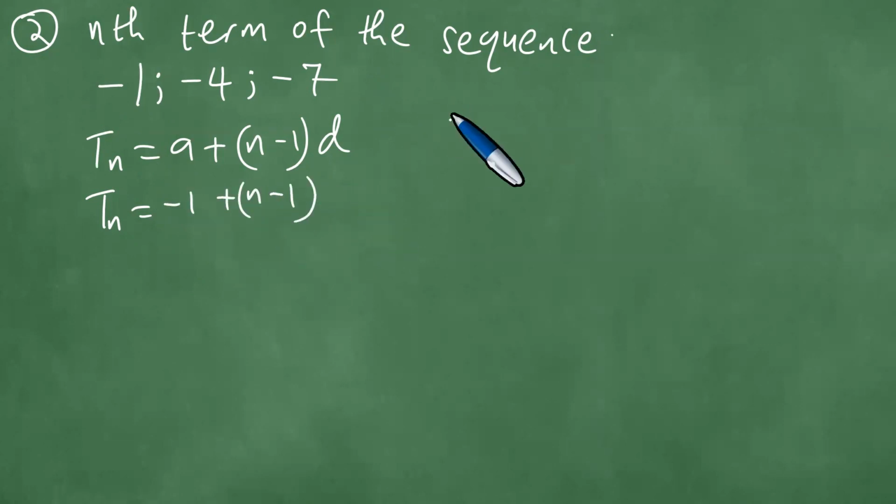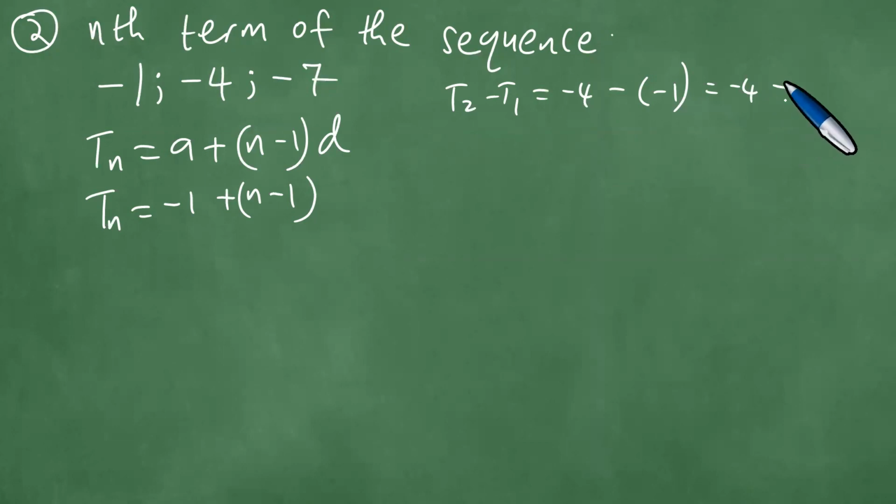We've already got it, but if one forgets, you can do it again. T2 minus T1: T2 is -4, T1 is -1, so this is -4 plus 1, which is -3.